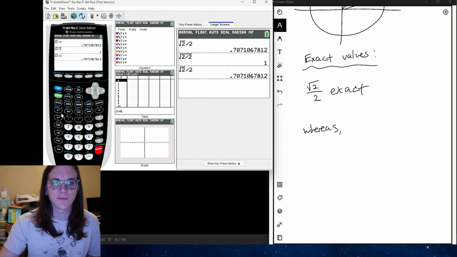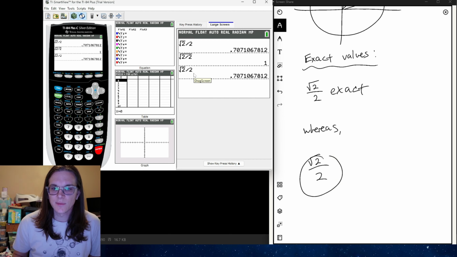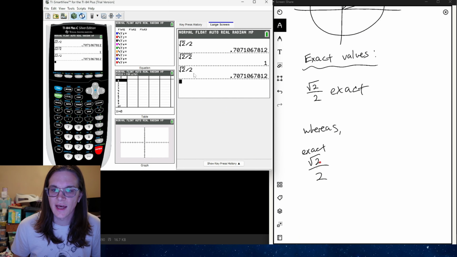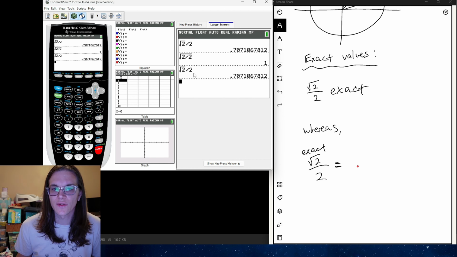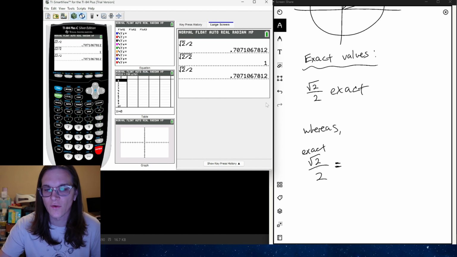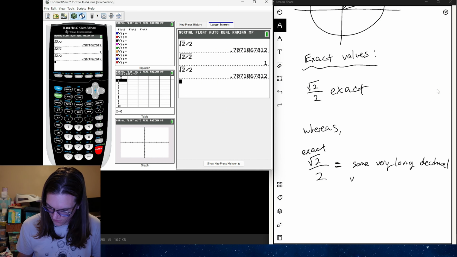I don't know about this emulator, but the number square root of 2 over 2 is an exact value, because it's assumed that the square root of 2 divided by 2 in this fraction, the value that it is equal to, shown by an equal sign, includes all the decimals past this 812, all of them that exist. So this equals some very long decimal value.